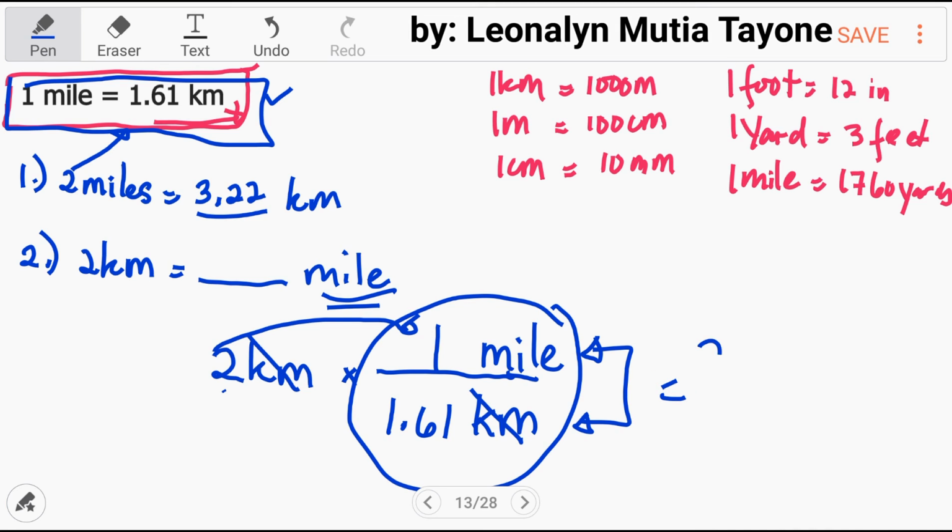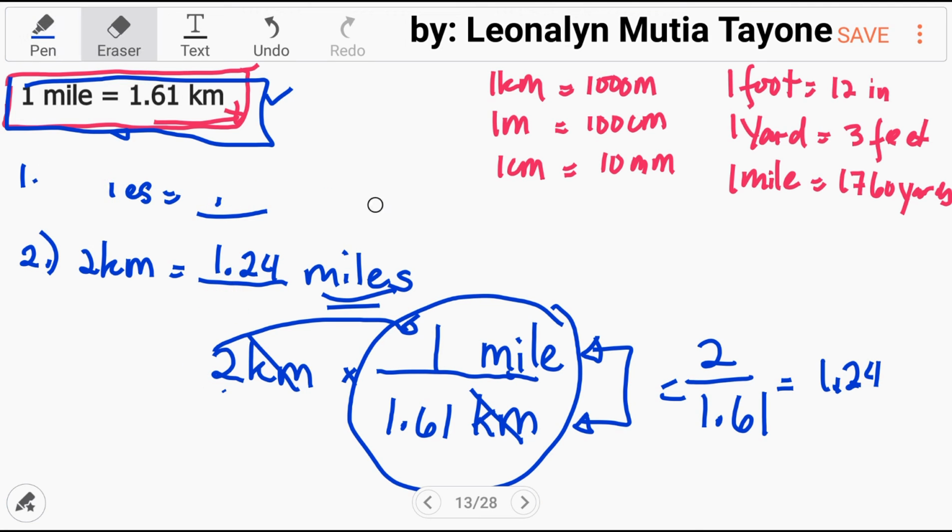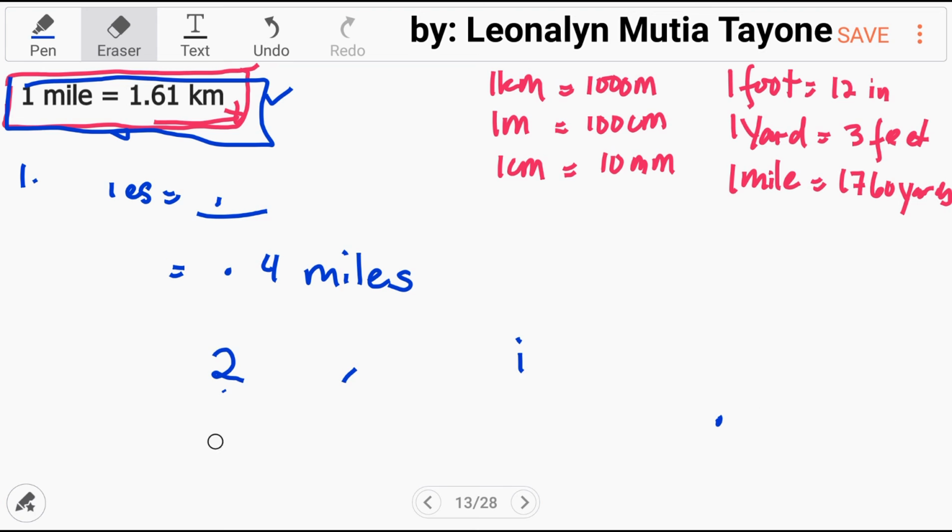So, this is 2 divided by 1.61. And that is equals to 1.24. I-round off na lang natin to 2 decimal places. So, 1.24 miles.